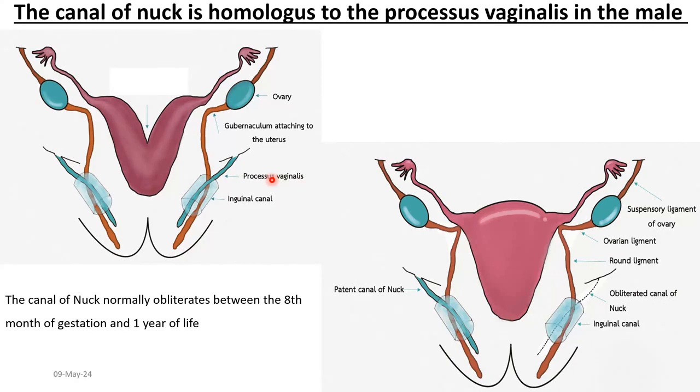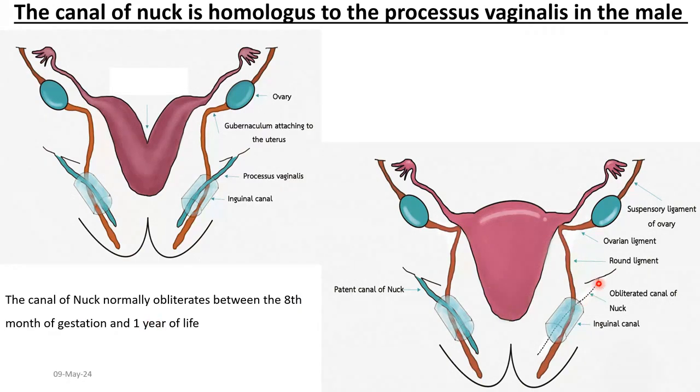And we said that this has to disappear normally. This processus vaginalis in women can also be called the canal of Nuck, and we've said that it has to normally disappear or obliterate between the 8th month of gestation and the first year of life.